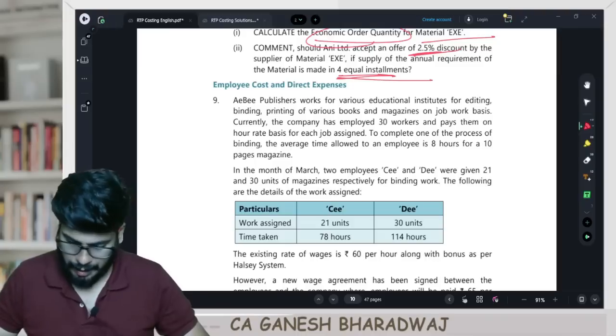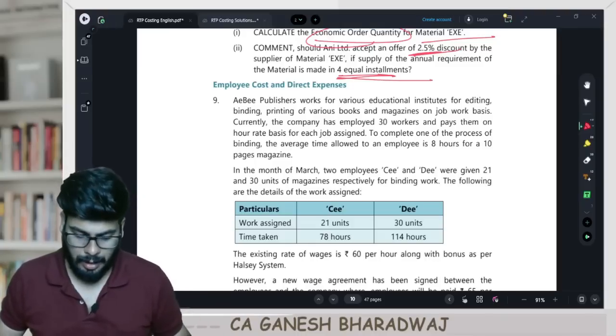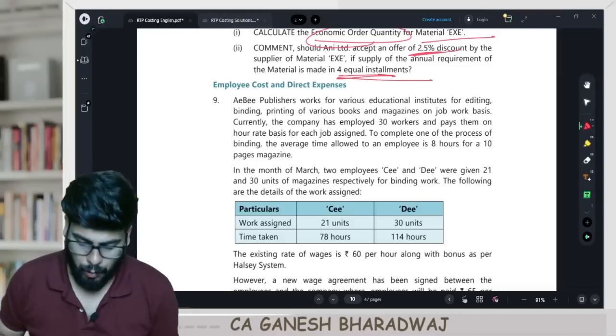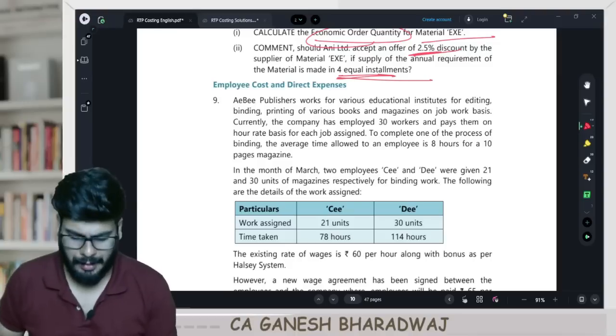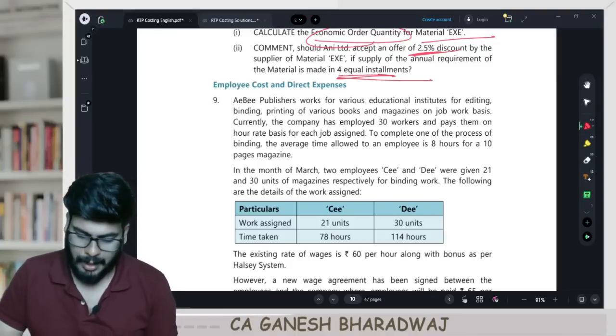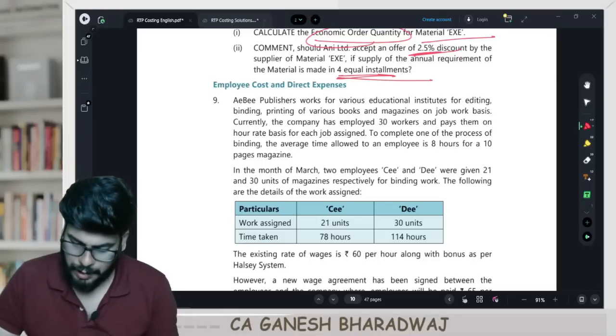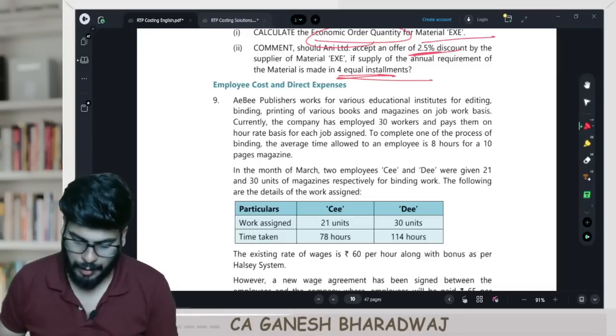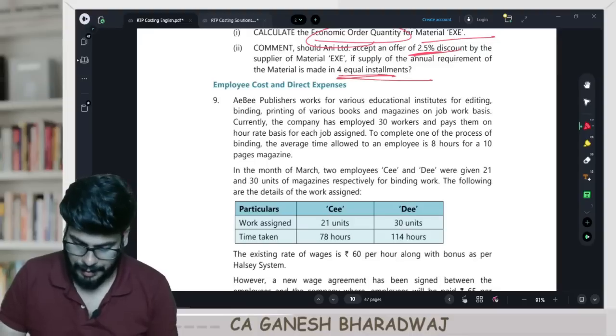Now question number 9. This question is about Halsey and Rowan plans, but with a small twist they have given. It's fairly a simple problem. So let me read it for you. AB Publishers works for various educational institutes for editing, binding, printing of various books and magazines on job work basis.